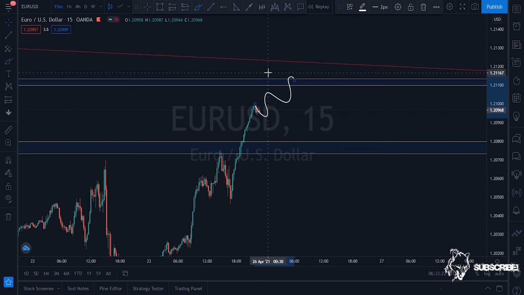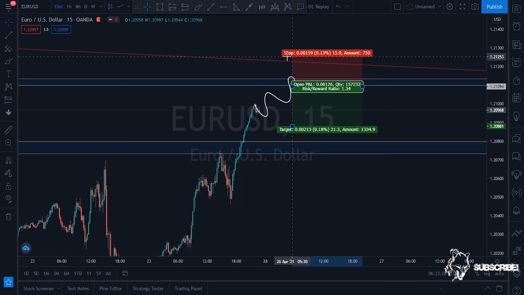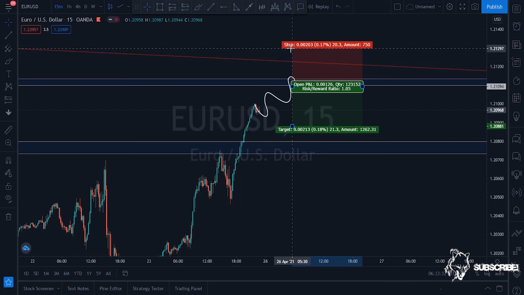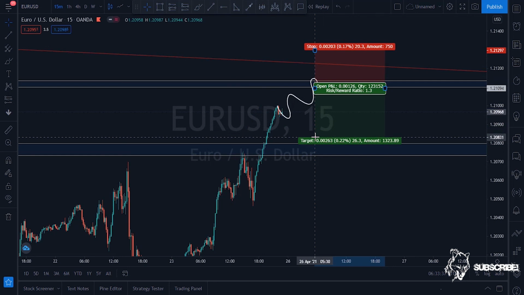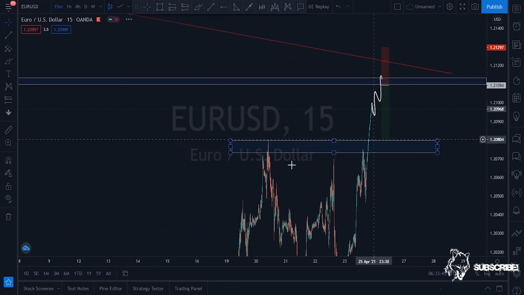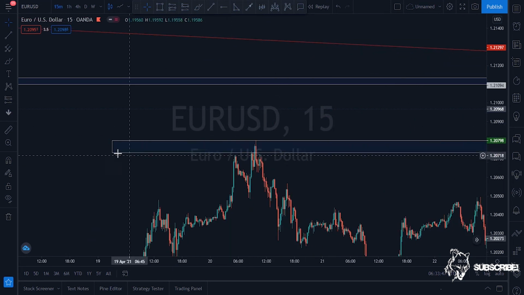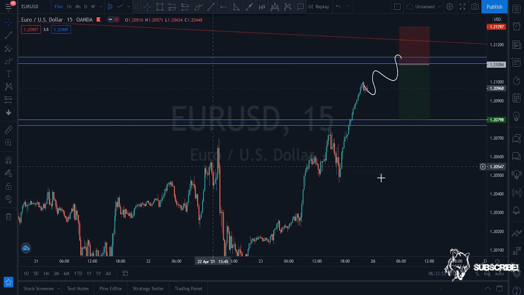Once it gets there, that's when we're gonna look for our sells, and then the stop loss, we're gonna put it at 20 pips, and then we're just gonna push the market up until here. So up until we get to this point.